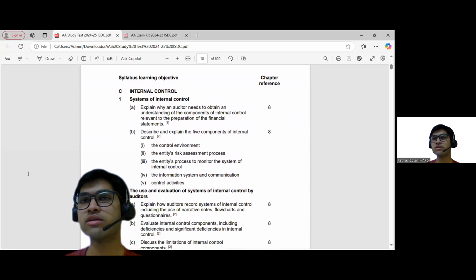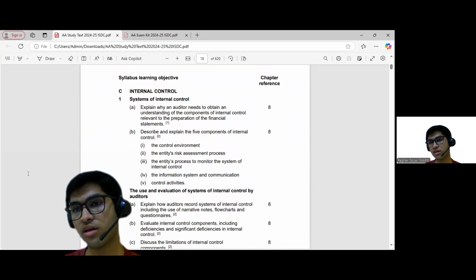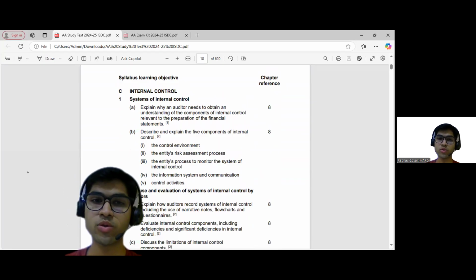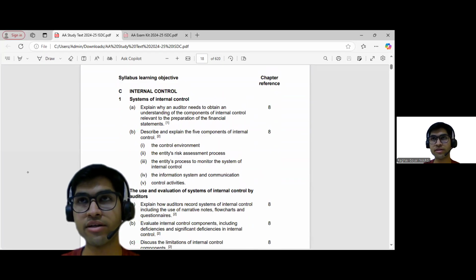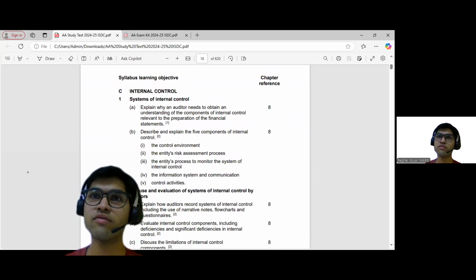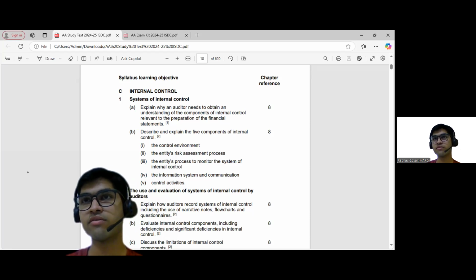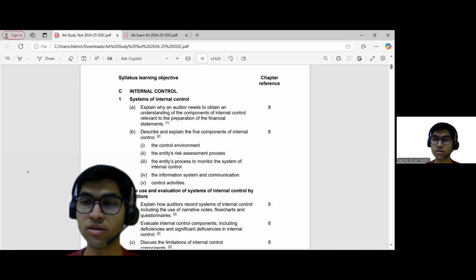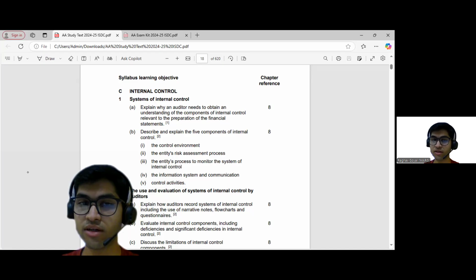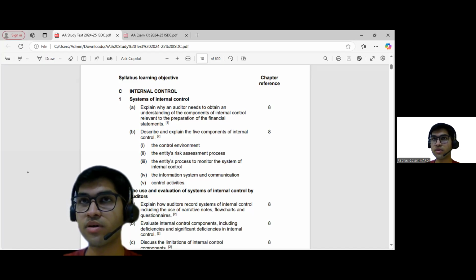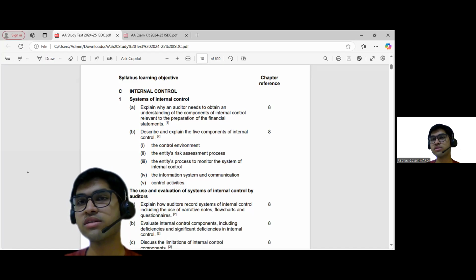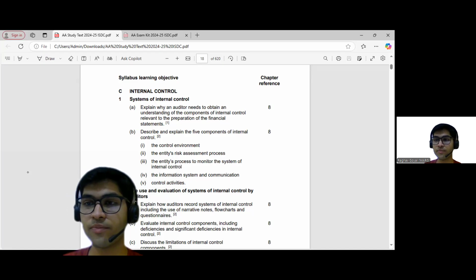And as an auditor, it's not possible for you to audit each and every transaction in its detail. So you test the internal controls, and if they are working and you have enough evidence that these internal controls are reliable and working in the way they are intended, then you can place reliance on these internal controls and your substantive procedures will then be reduced.